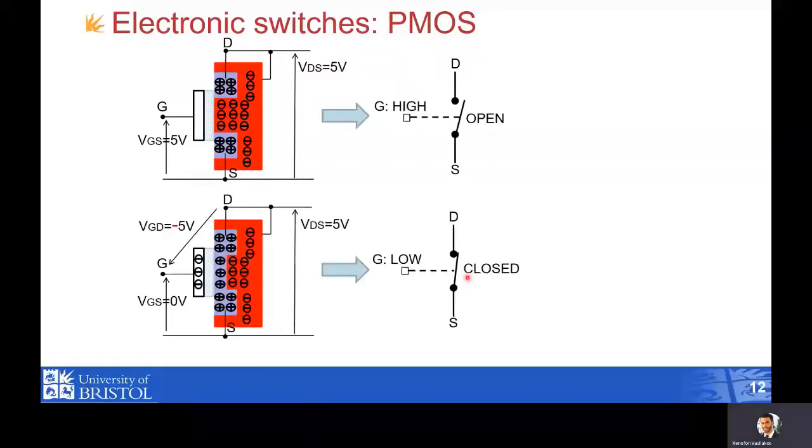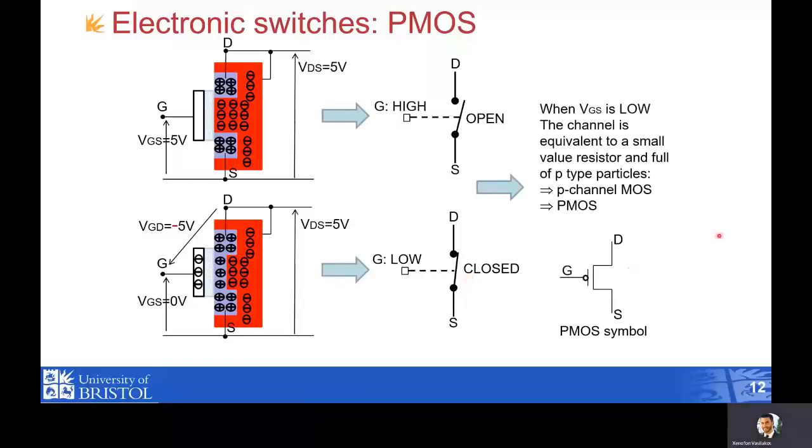Now, the main difference here is that when the voltage applied to the gate is low, in this case, the channel is equivalent to a small value resistor again, full of positive particles. So again, the switch is closed, but the difference is that here you got positive particles. And this is the PMOS symbol. Now, if you remember the previous symbol, the difference lies here in this dot-like shape.